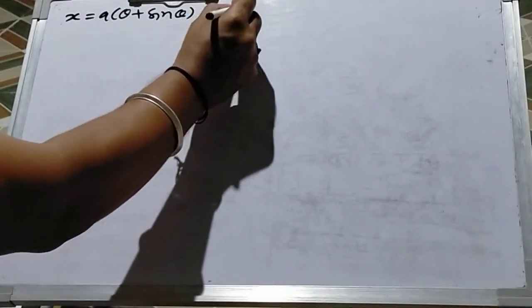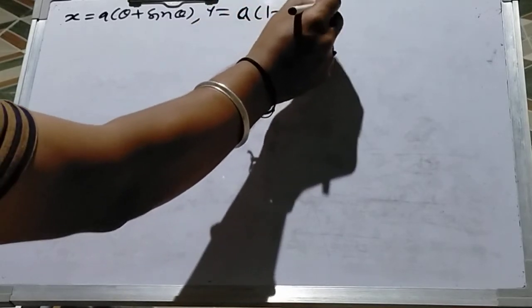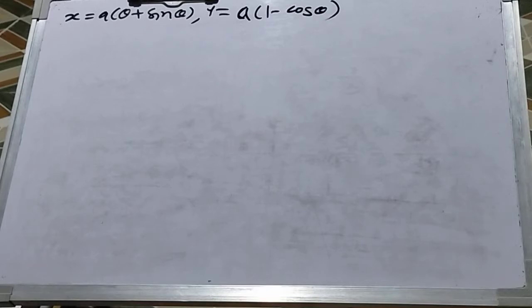Now next example, x is equal to a into theta plus sine theta and y is equal to a into 1 minus cos of theta. So here the parameter is theta. So we have to differentiate x and y with the parameter, meaning with theta.